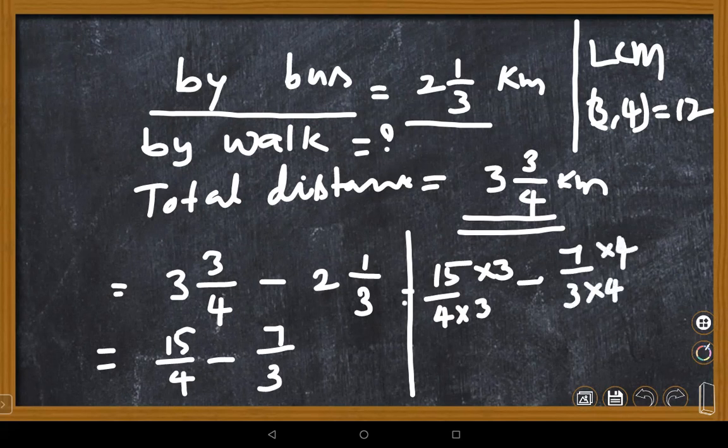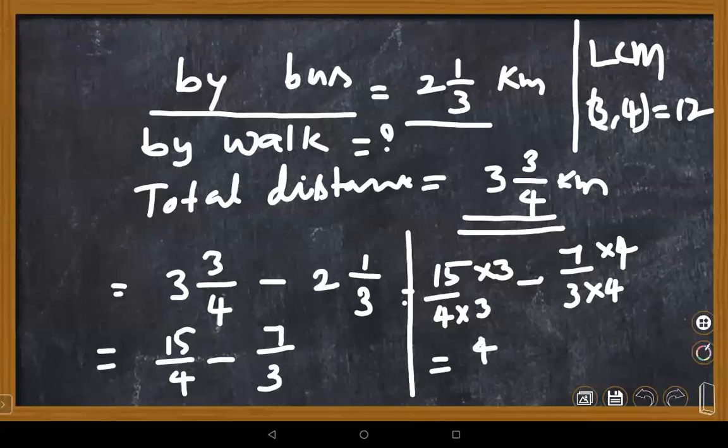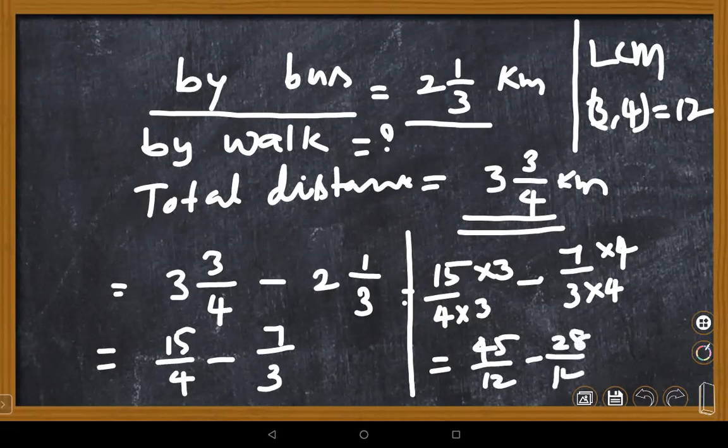Then come on, please simplify. 5 3s are 15, 15 3s are 45 by 12 minus 28 by 12. 45 minus 28, how much, Nana? It's 17 by 12. Written as a mixed number, 17 by 12 is 1 and 5 by 12.